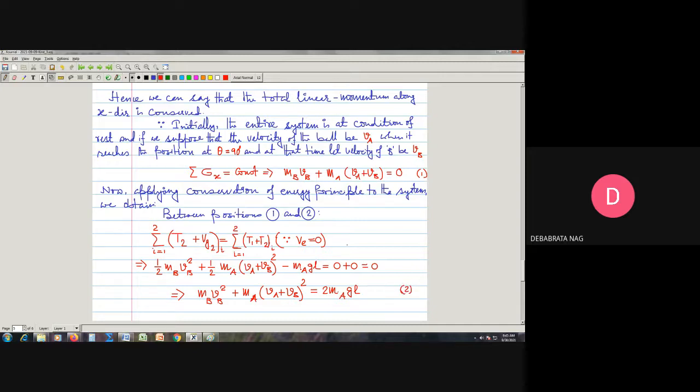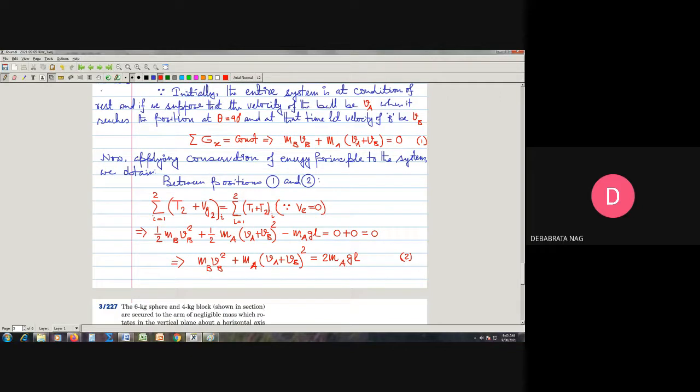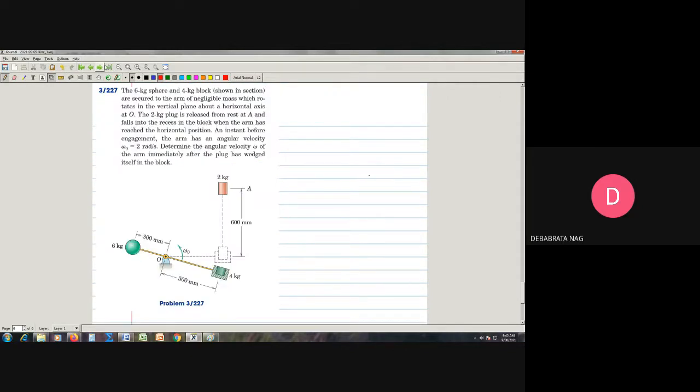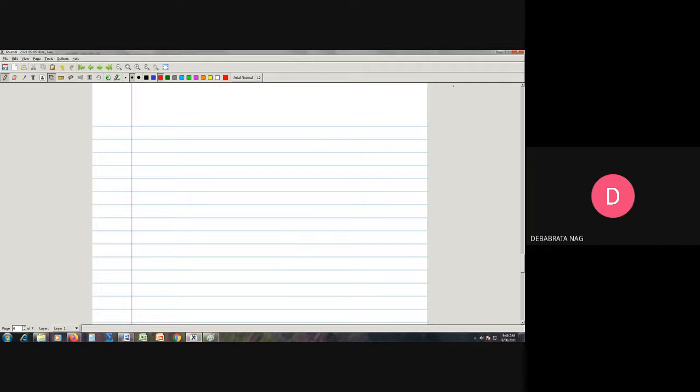So now we have two equations at our disposal, and we see that our desired unknown is v_B.